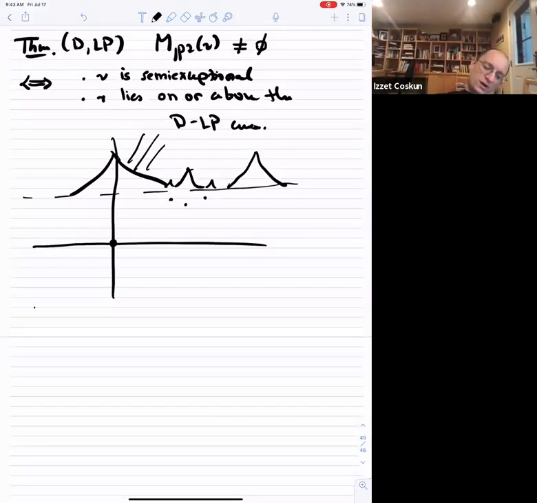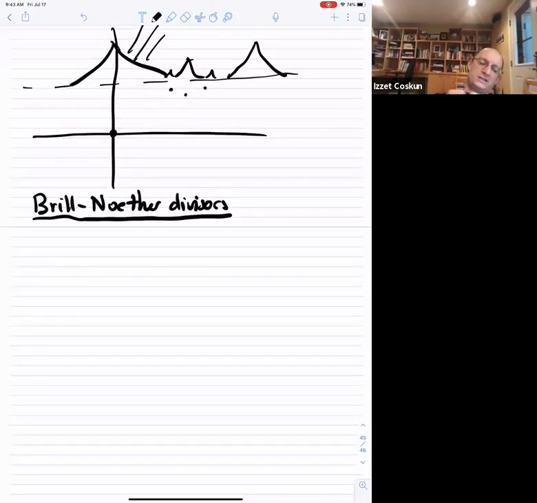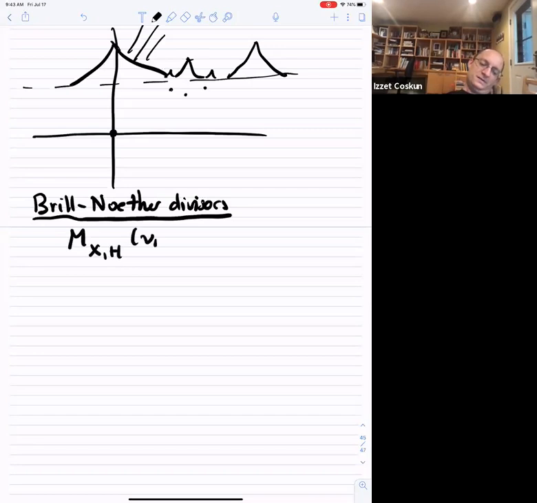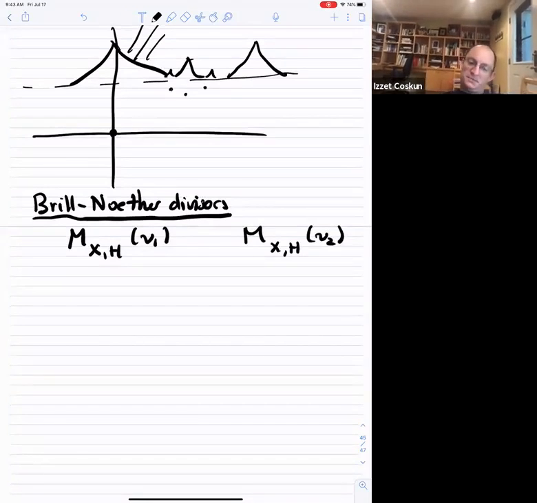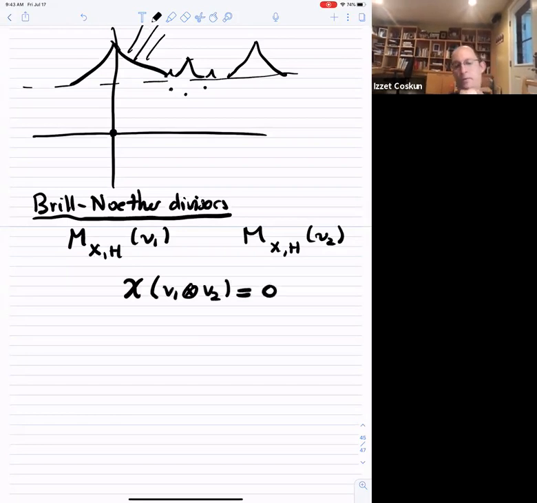These divisors go under the name of Brill-Noether divisors. So let me tell you what they are. In fact, you can define these things for moduli spaces more generally, so let me do that. Say that you have two moduli spaces, but the thing that I want to happen is for the Euler characteristic of the tensor product of these Chern characters to be 0.